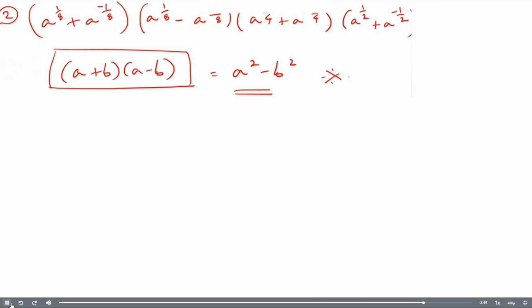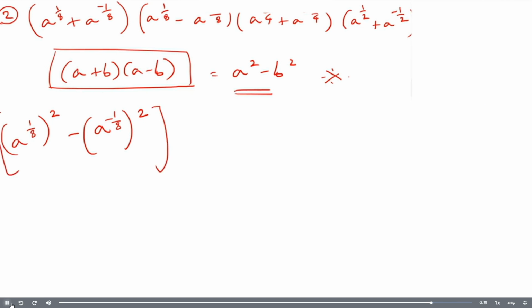A to the power 1 by 8 plus a to the power minus 1 by 8 into a to the power 1 by 8 minus a to the power minus 1 by 8 is a plus b into a minus b, where a value is equal to a to the power 1 by 8. So a value square minus b value square, a square minus b square.